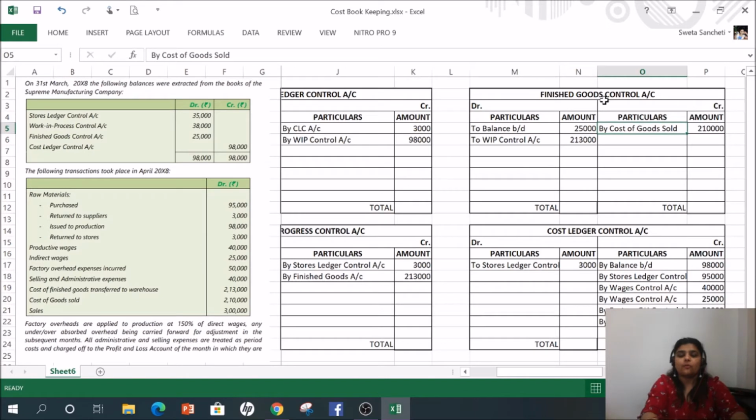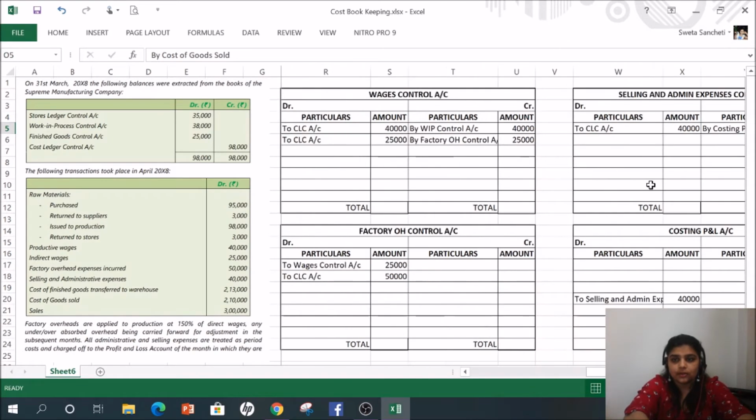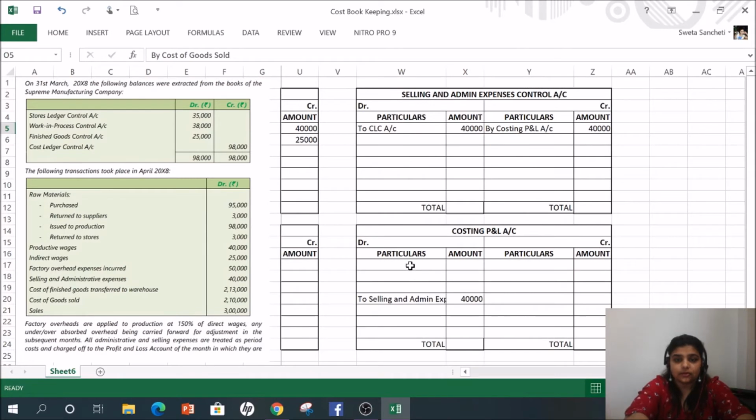This has come out from my finished goods account. Now either you can prepare a cost of goods sold account, you will get an entry to finished goods account, and then directly you will have to shift it to our costing P&L. I will directly shift this to my costing P&L as to cost of goods sold, same amount, 2,10,000.